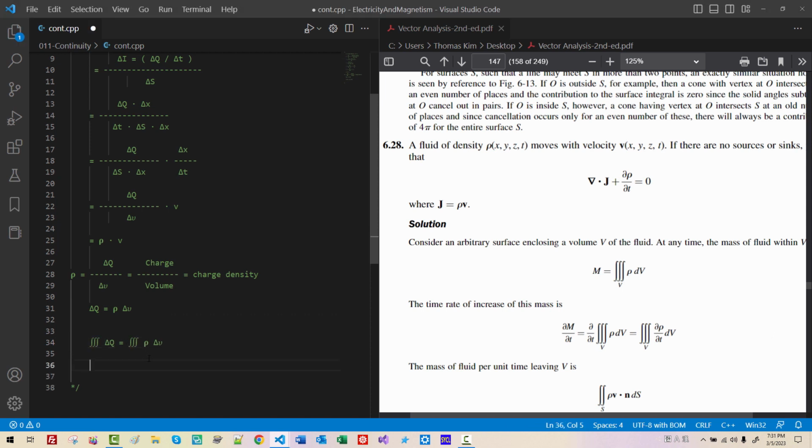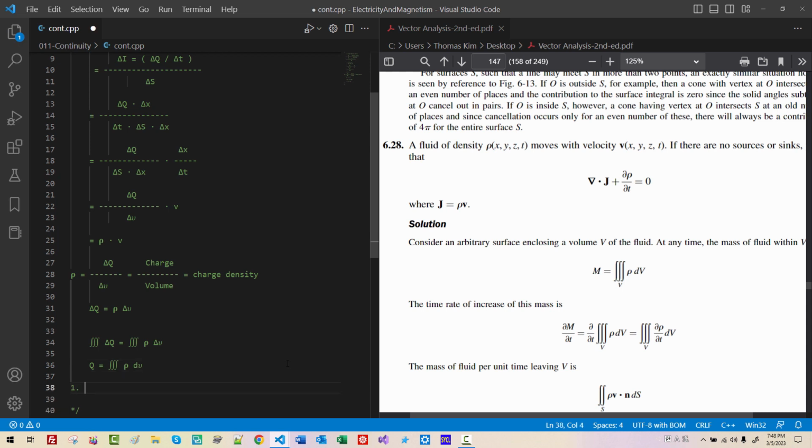Then the left hand side is the total charge Q when the density of charge is ρ. In this book, M represents the mass of a fluid. In our example, Q is the charge in the volume V.